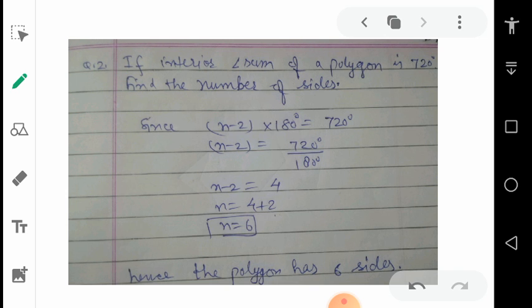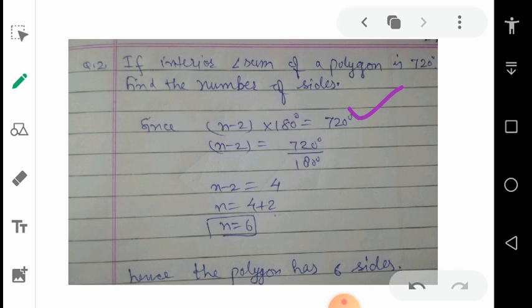Now what to do? Use the same formula. As it is given that the sum of the interior angles is 720 degree, we use the formula of the sum of interior angles, that is n minus 2 multiplied by 180 degree equals 720 degree, because the sum is 720 degree.